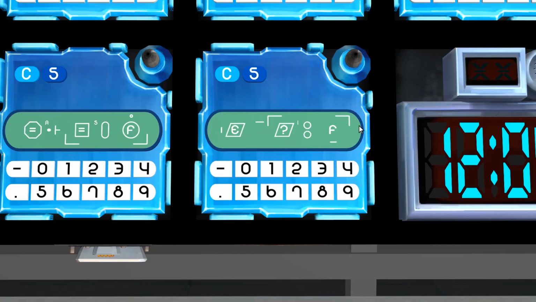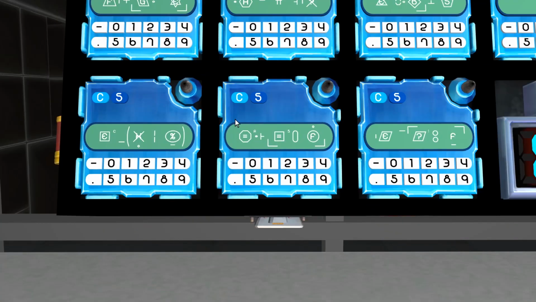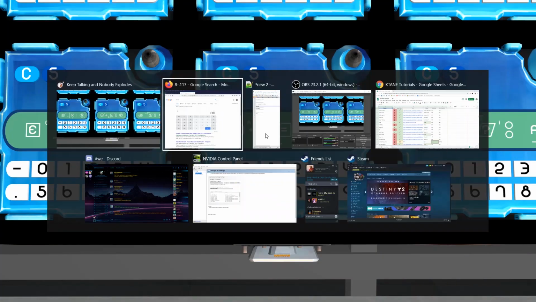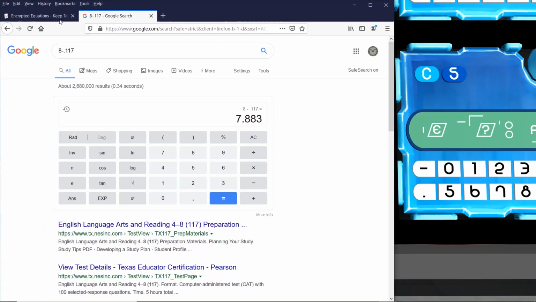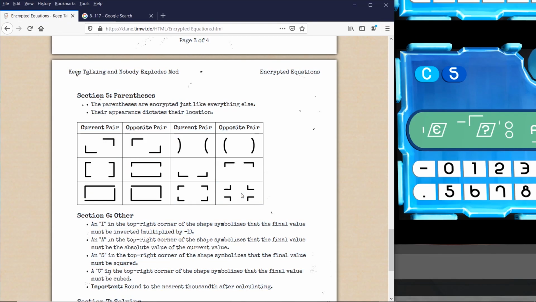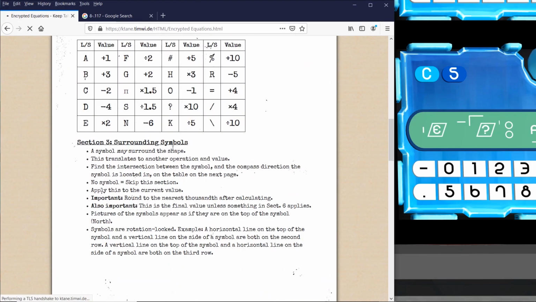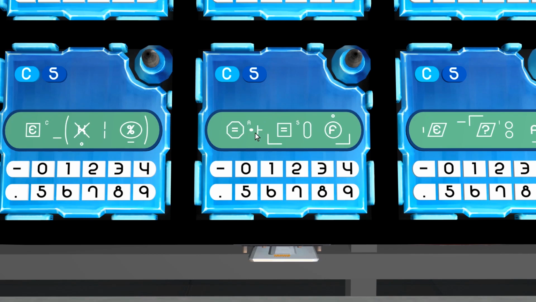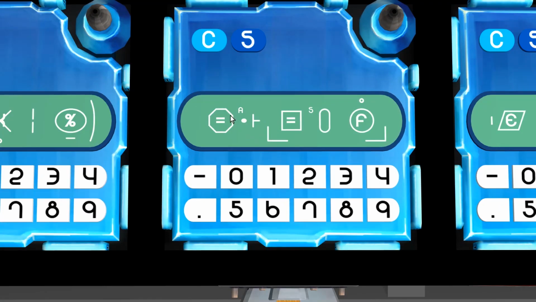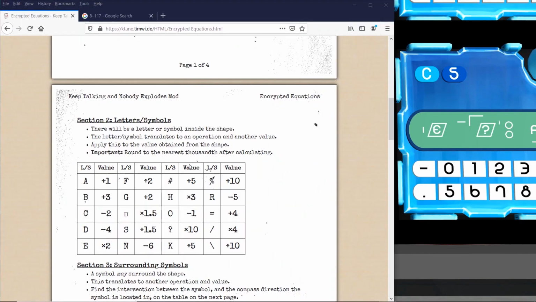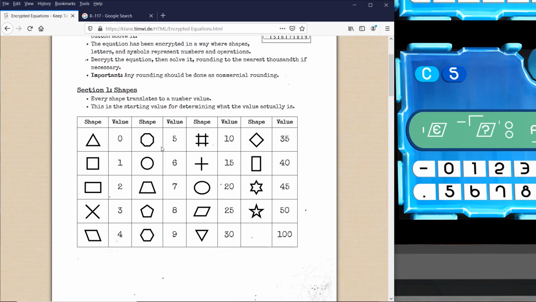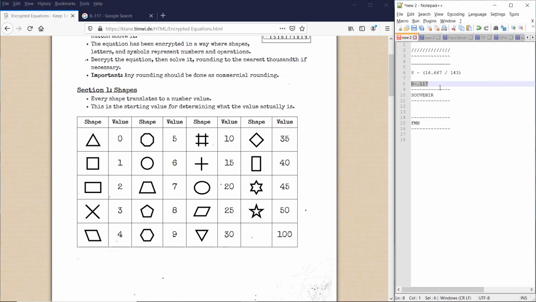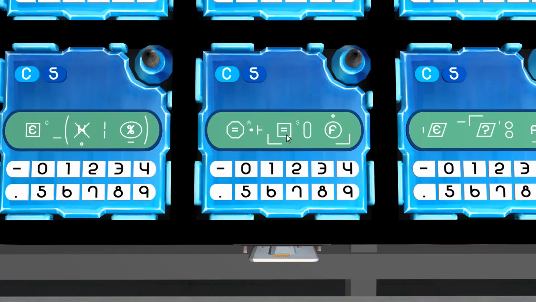But anyways, let's do a second example. This is a good one. So, I guess I can keep that open. And I'll refresh the entire page. So our initial shape is an octagon, a square, and a circle. So an octagon is 5.